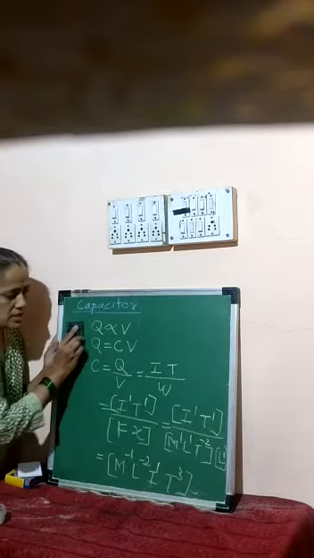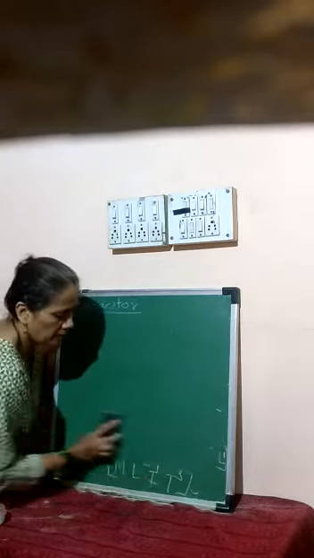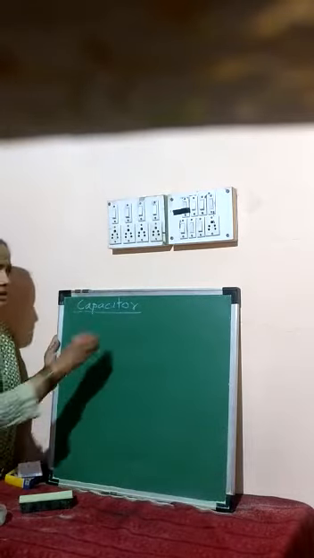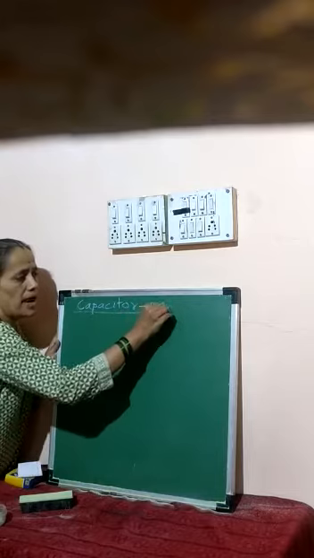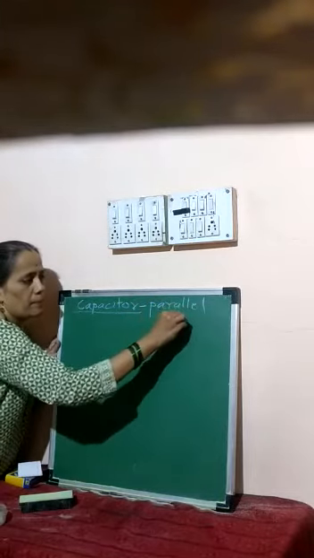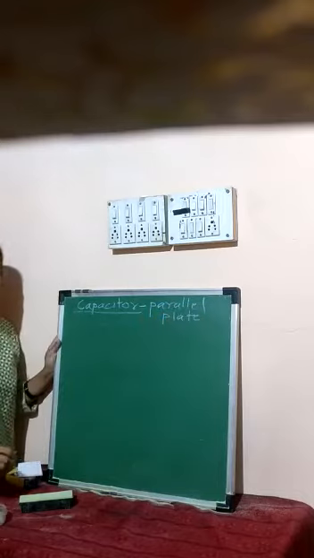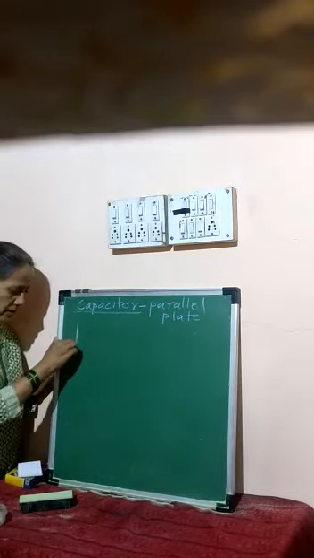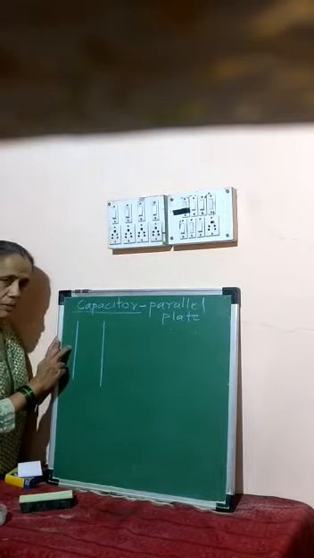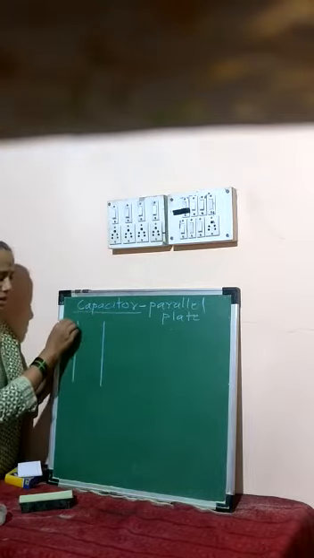Now these capacitors are of 3 types. The first type is the parallel plate capacitor. Parallel plate capacitor means what? There are 2 plates of equal area and equal material.